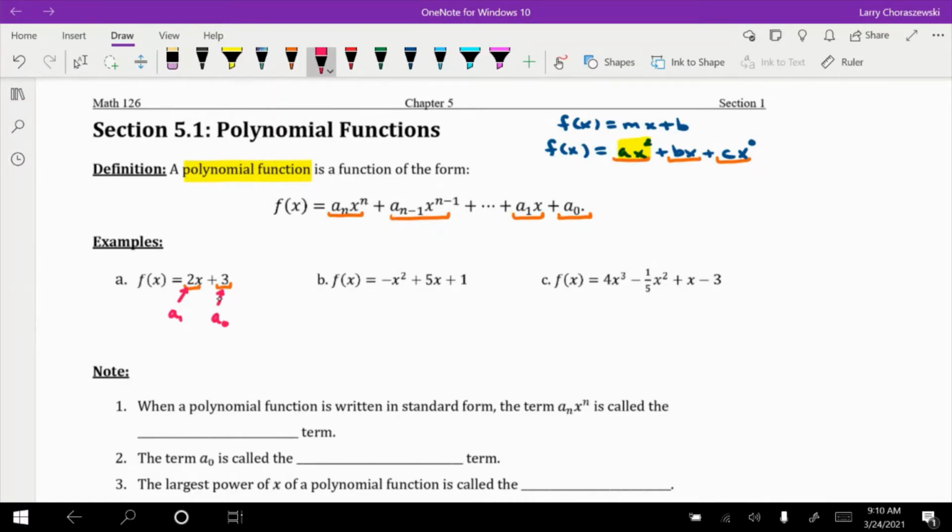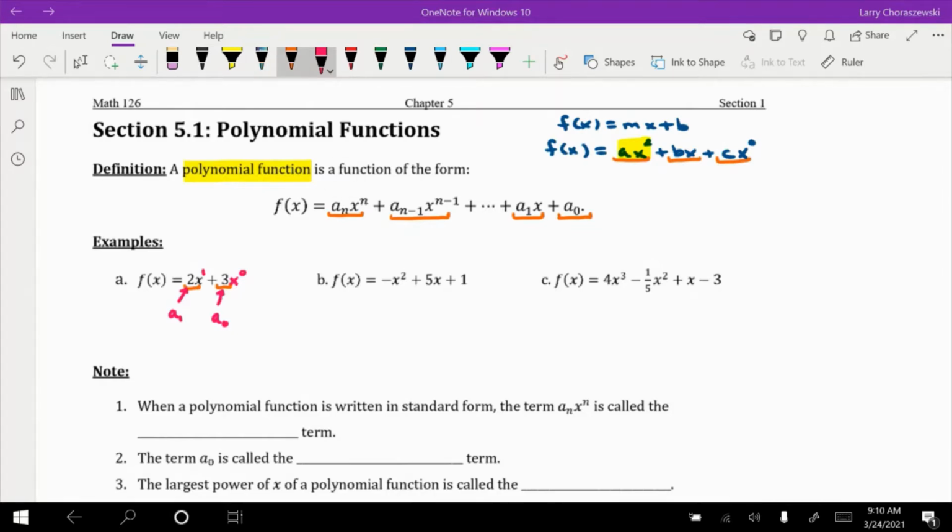The subscripts of the coefficients match the power of the term they're associated with. So the a subscripts just represent the coefficients of your terms.